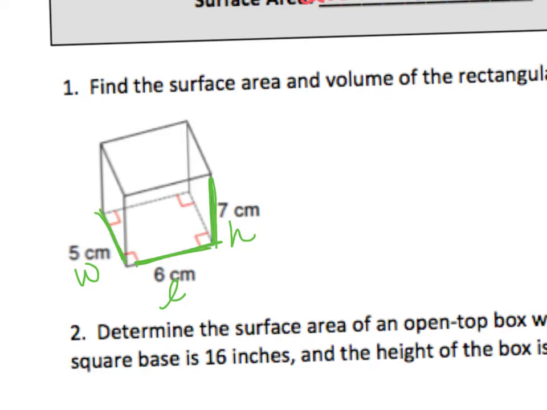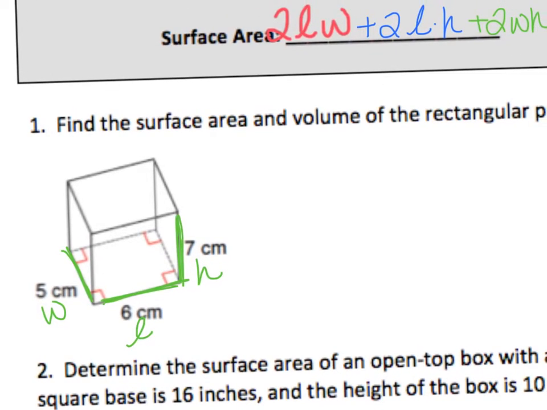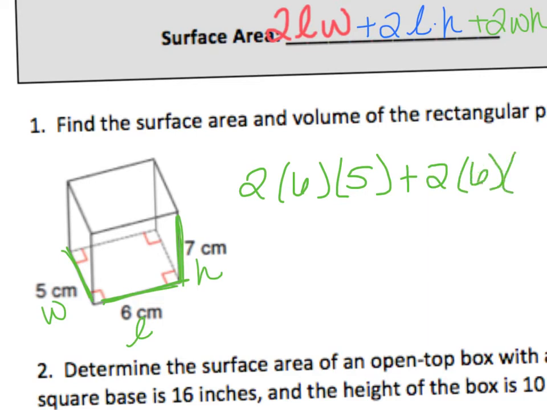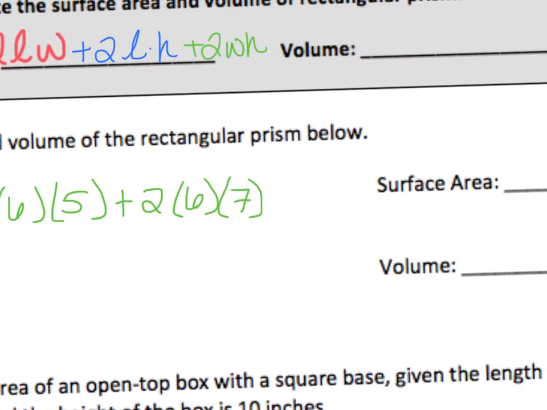So I'm going to follow my formula up here. 2 times L times W. So L is 6, W is 5, plus 2 times L, which is 6, and H, which is 7. And then plus 2 times W times H, so 2 times 5 times 7.